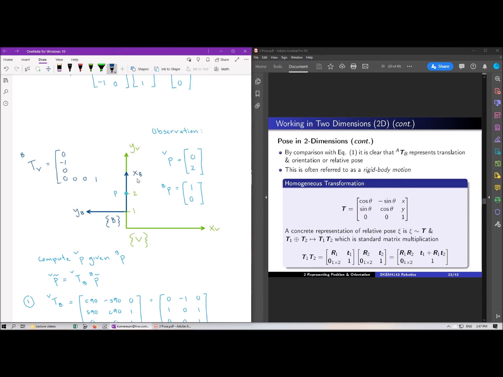It is pointing in the x direction of B. So it is 1, 0, 0. Sorry, this is oops.